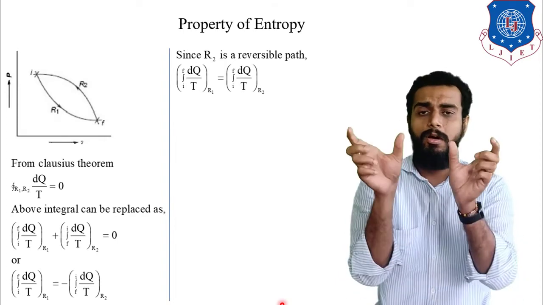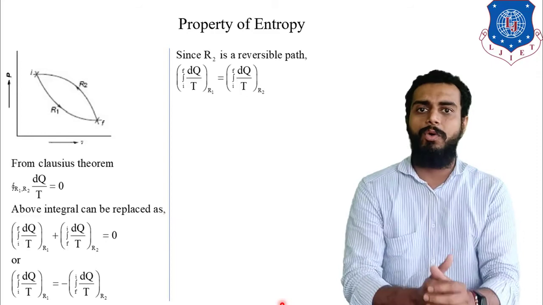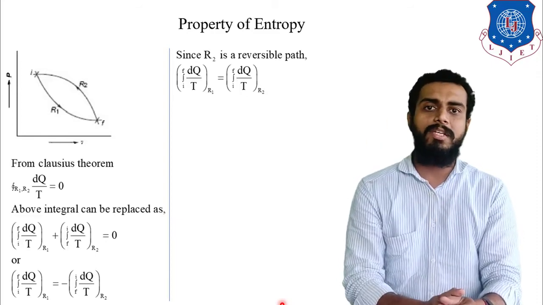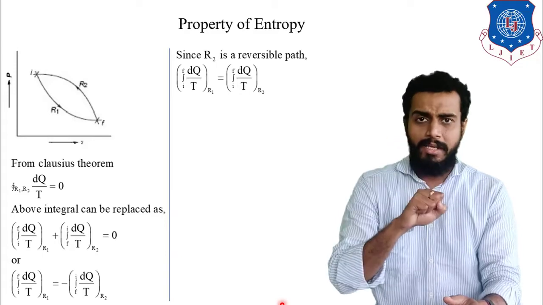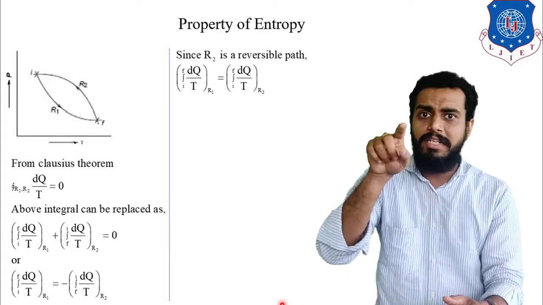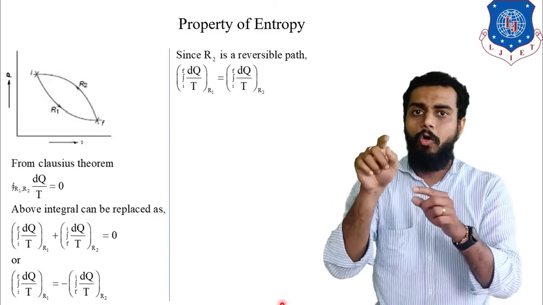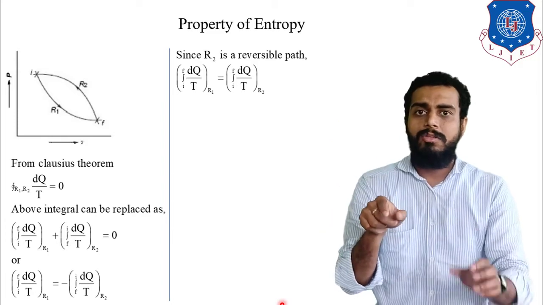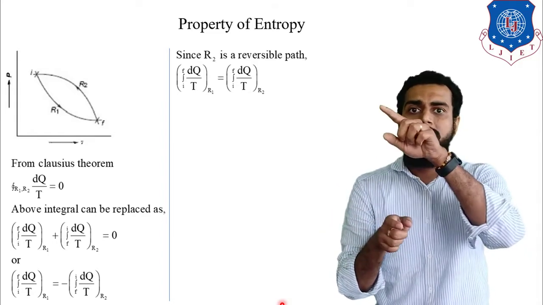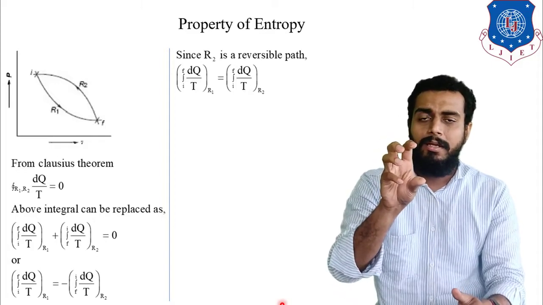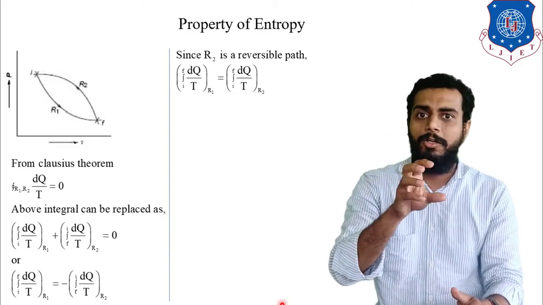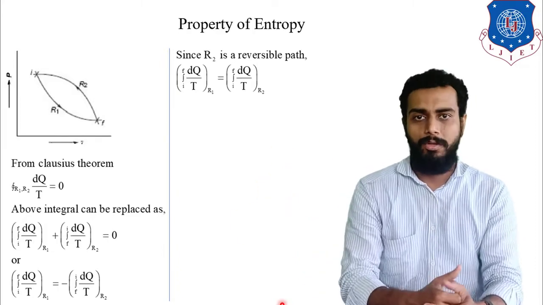So the meaning of these two equations is simple: we have the dq by T quantity, and if you integrate this dq by T quantity for the whole R1 path, that will be equivalent to the same for the R2 path. That means we have something that is not dependent on the path followed.